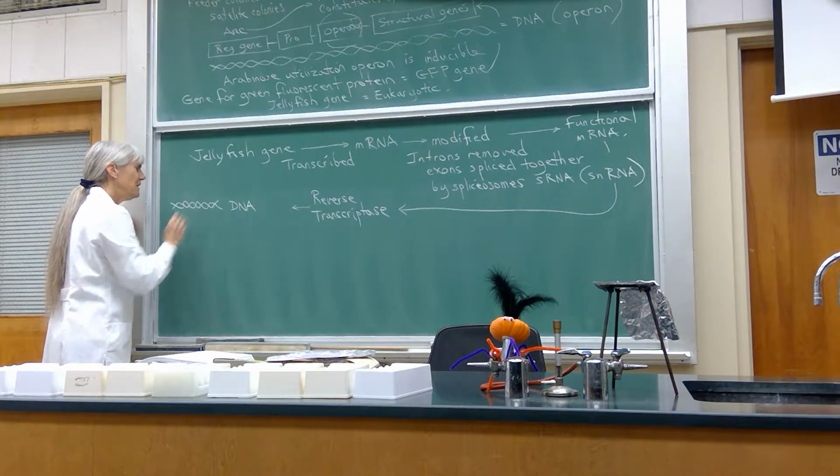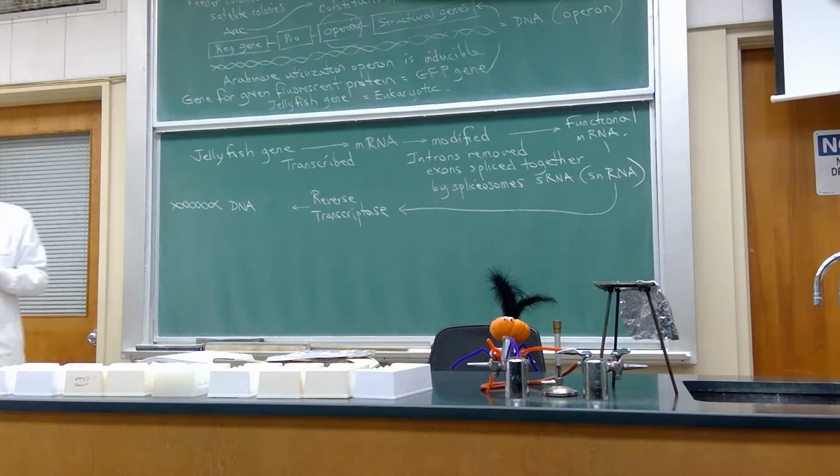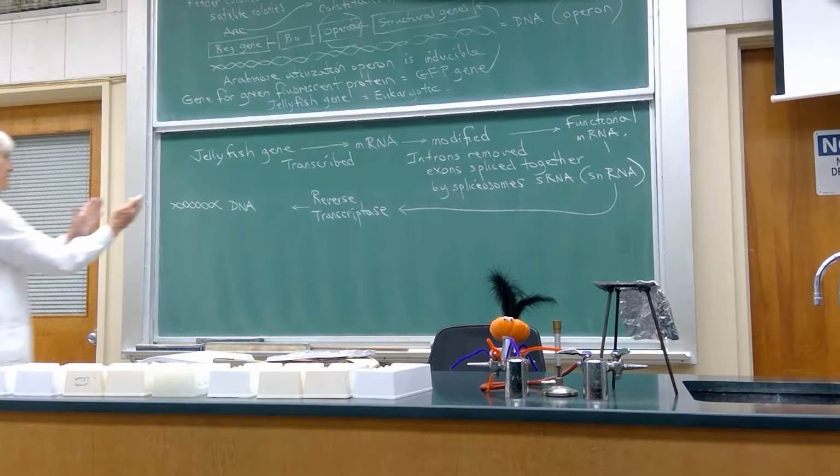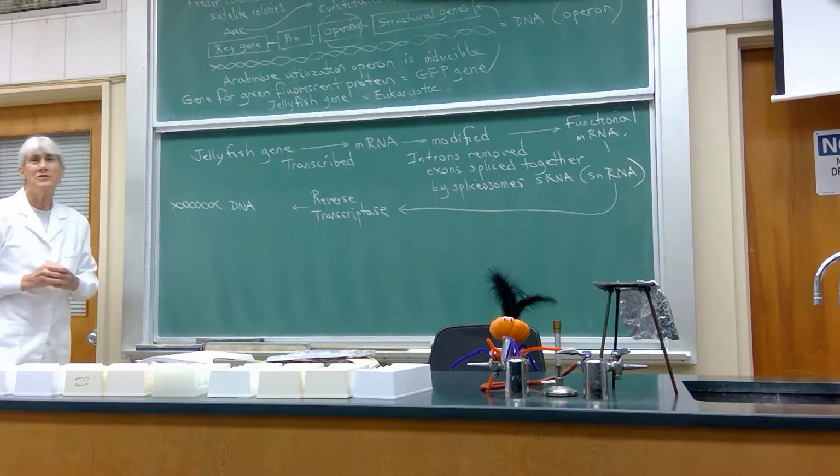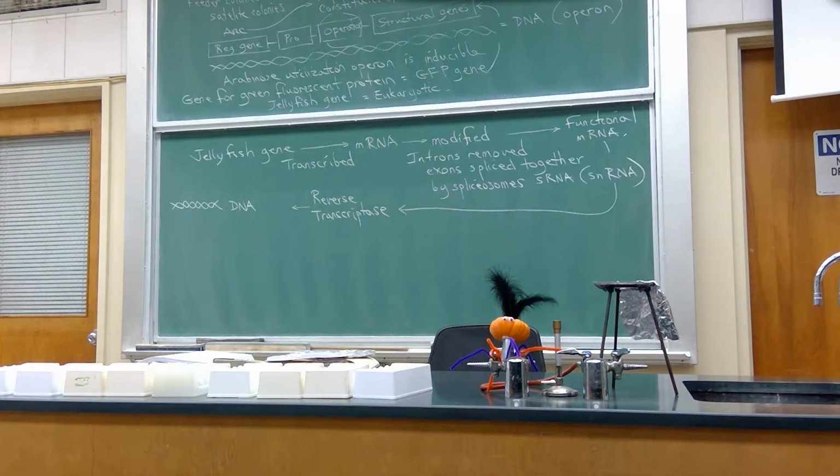It's the right gene, but can we put that into E. coli? I mean, we can put it into a cloning vector. We know that we have to cut the cloning vector with the right restriction enzyme, and we have to cut the borders on this piece of DNA with the right restriction enzyme. But is there something else that's going to get in the way?